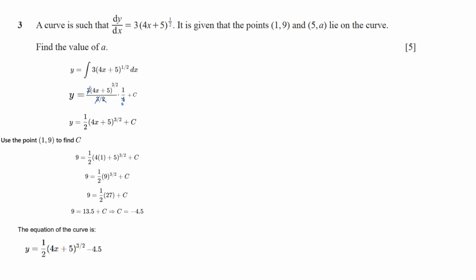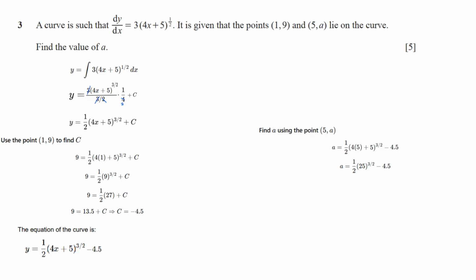Now find a using the point 5, a. Substitute 5, a in the equation of the curve. So a is equal to half times 4 times 5 plus 5 the whole power 3 over 2 minus 4.5.